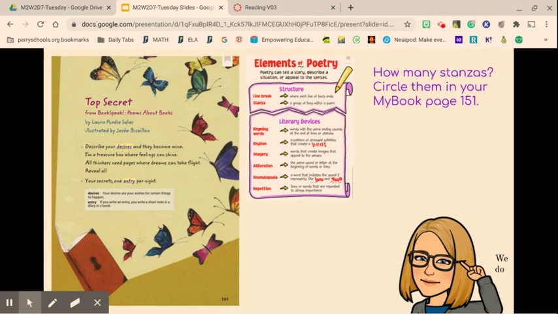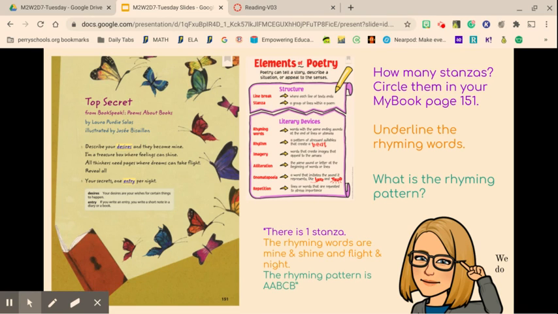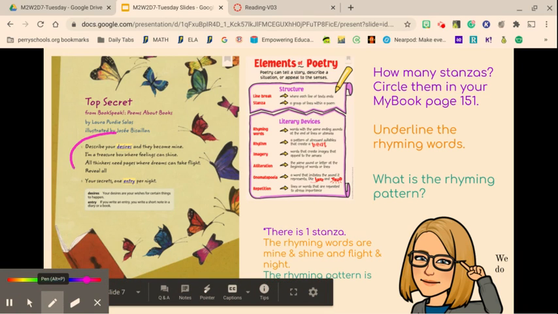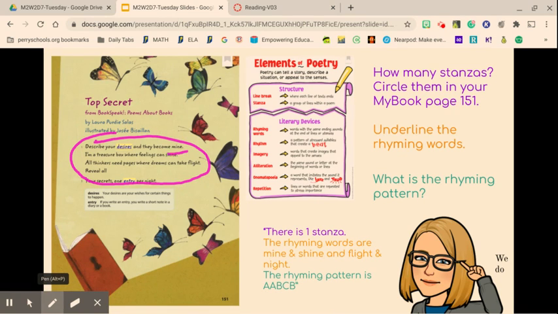So as I'm looking at this, I am going to identify the stanzas. I want you to circle the stanzas in your book and then underline the rhyming words in your book, and then identify the rhyming pattern in your book. So when I go through this, I can see that I have 1 stanza, and then I can see the rhyming words mine and shine, and then flight and night.